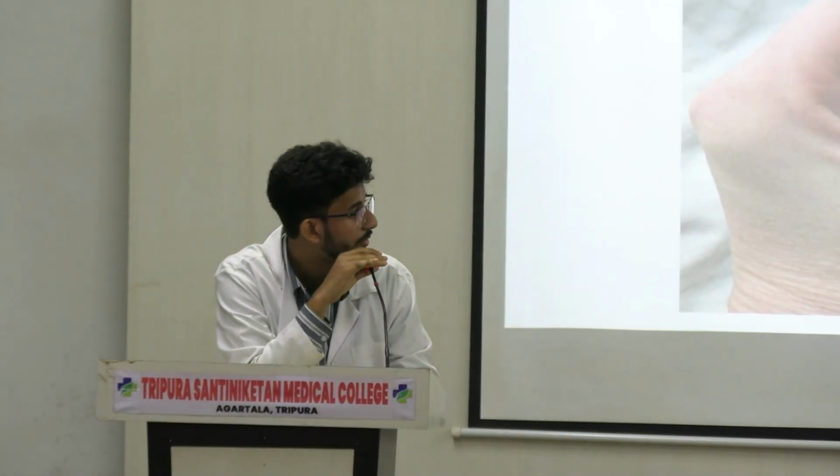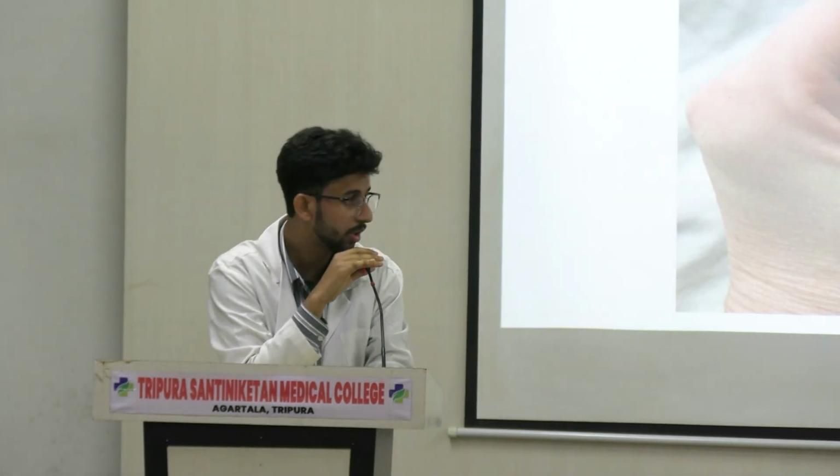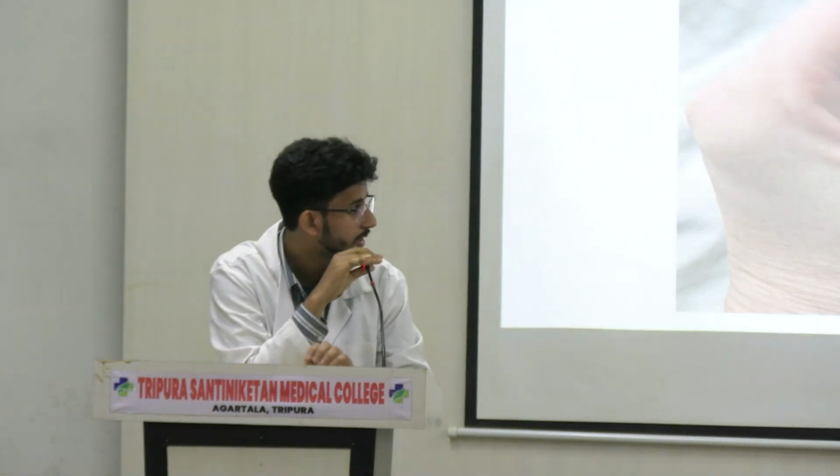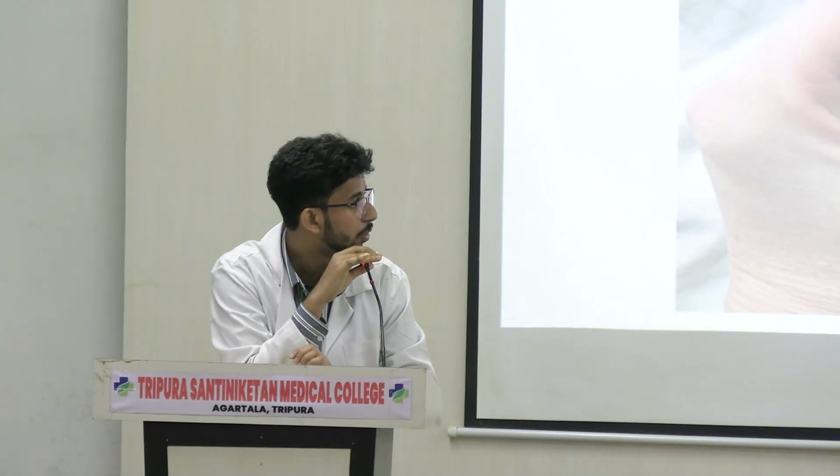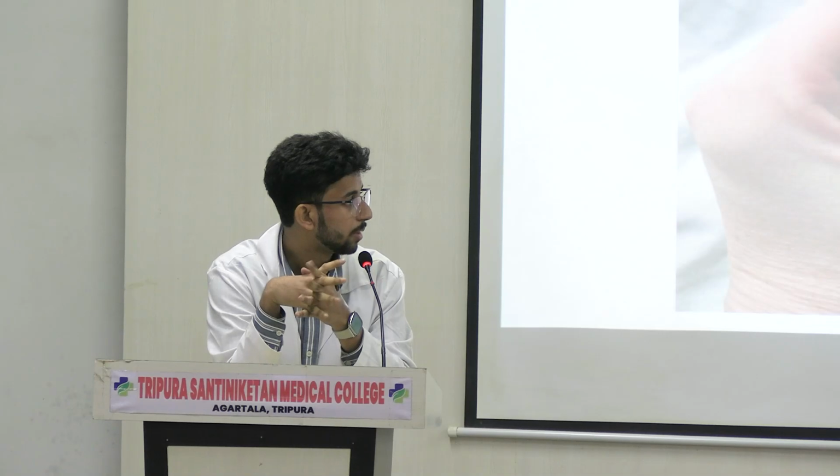So basically, what I've written is that the oogonia are the primordial germinal cells. After that, the oogonia undergo mitosis and differentiation and grow into a much larger cell, which is known as the primary oocyte. The primary oocyte will also be 2N.